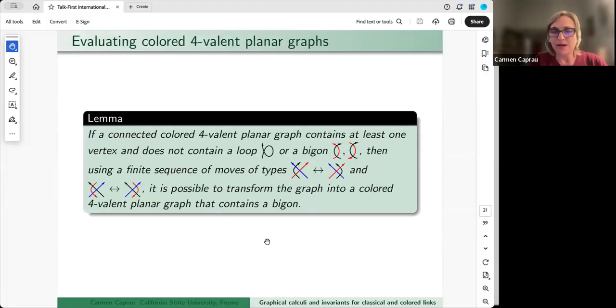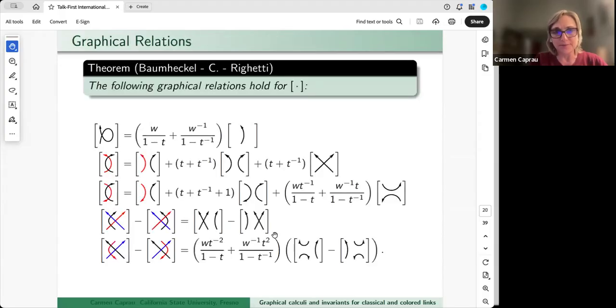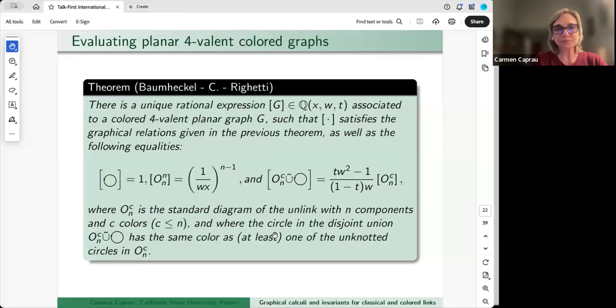So this lemma combined with those graphical relations tell us that we can use this together with these skein relations to write the evaluation of any planar colored graph as a linear combination of evaluations of graphs with fewer vertices, and iteratively applying that, we get the evaluation of the original colored graph as a linear combination of evaluations of these disjoint unions of colored circles.